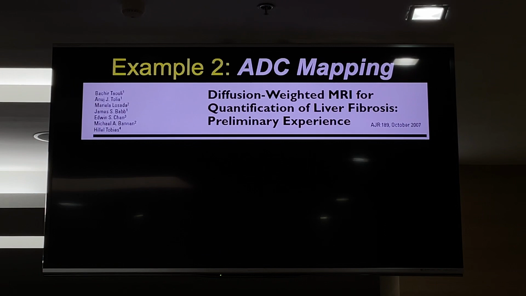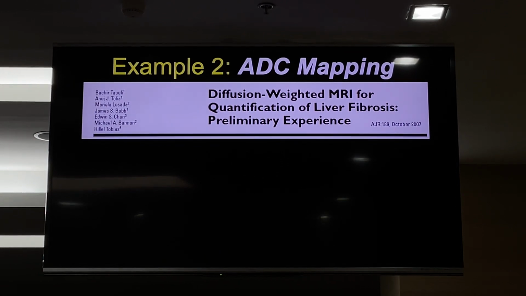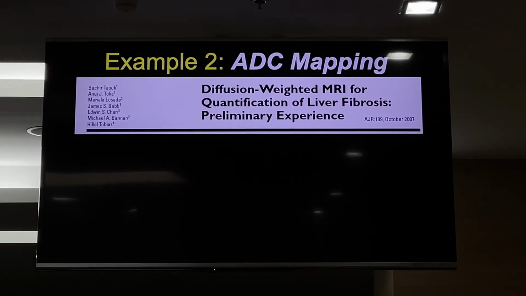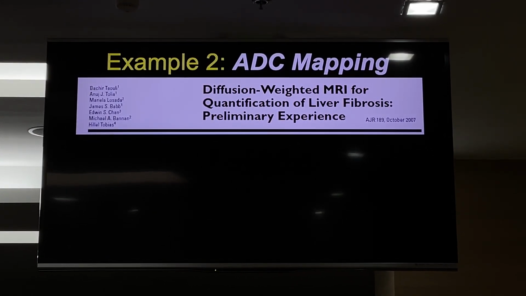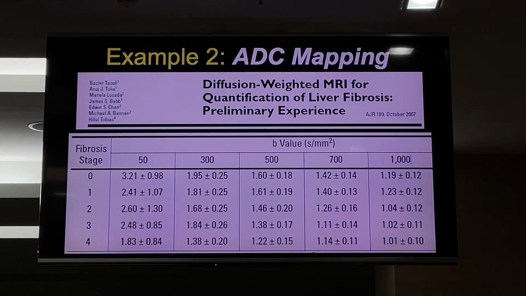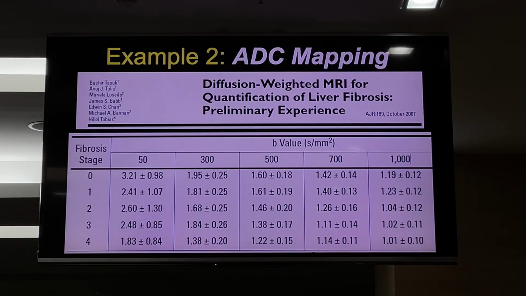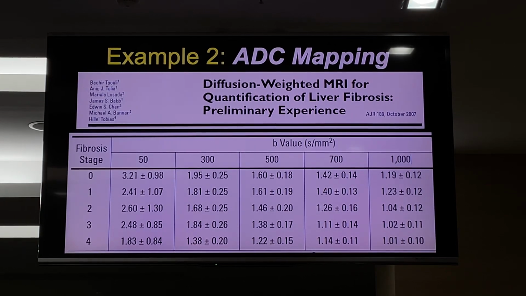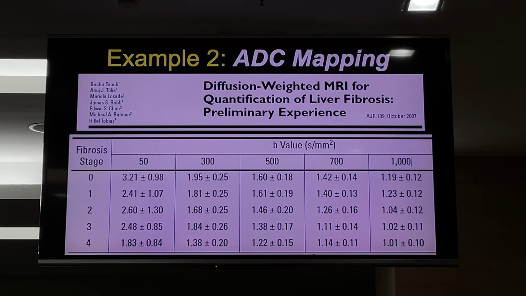Here's another example for ADC mapping that goes back to Dr. Denis' presentation just a few minutes ago. So diffusion MRI has also been proposed as a marker for fibrosis in the liver. This is an old paper, but it really makes the point where you have all these values acquired in patients with different fibrosis stages vertically and with different choices of b-values horizontally.